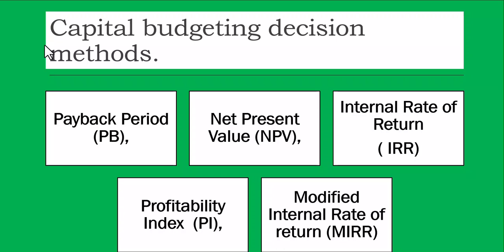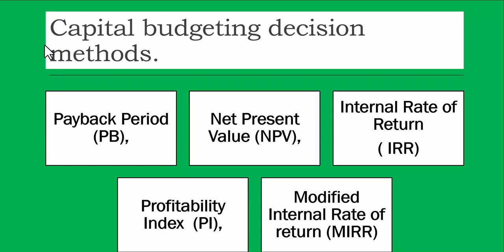Suppose the life of the machine is say 10 years. The process is that you calculate how much cash you are going to generate. Today we are going to understand how those cash flows are worked out. Apart from this mechanism, which we understood as a concept, today we are going to find out how the cash flows, inflows and outflows, are determined for your project. That is what we are going to do today.